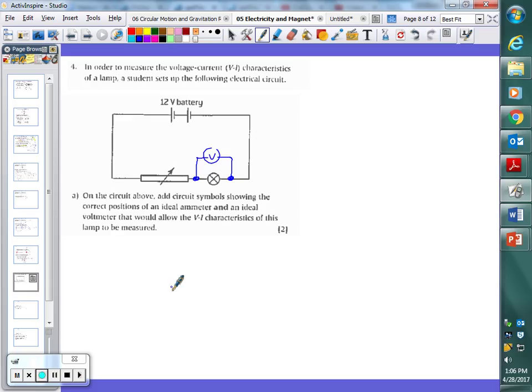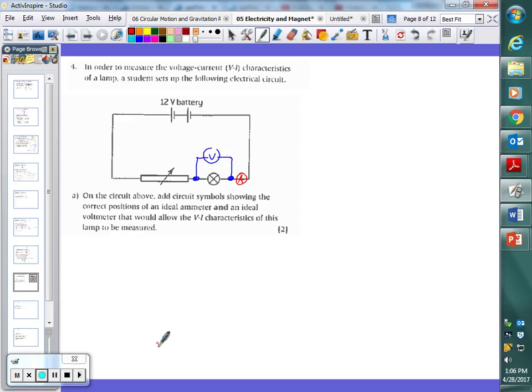Voltage always has to be measured in parallel. Current needs to be measured in series. We could put the ammeter basically anywhere, but we could put it right here, just before it flows into the light bulb.